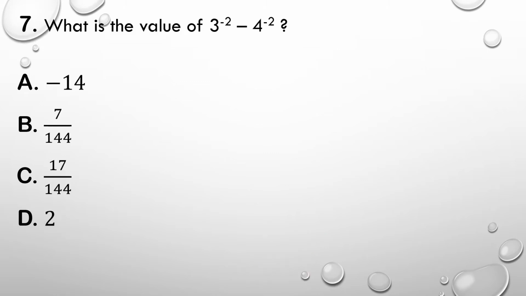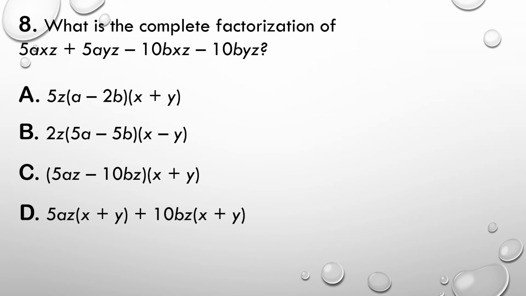Number 7. What is the value of 3 raised to negative 2 minus 4 raised to negative 2? Go. Next, number 8. What is the complete factorization of 5axz plus 5ayz minus 10bxz minus 10byz?